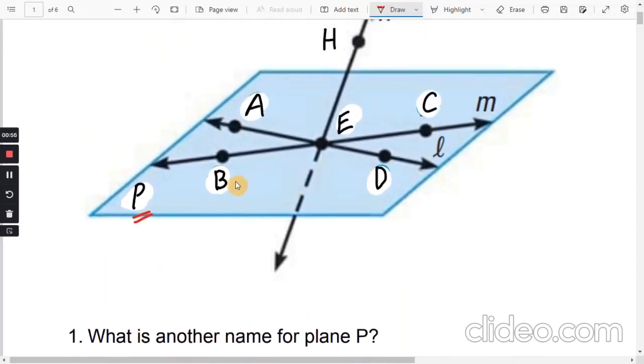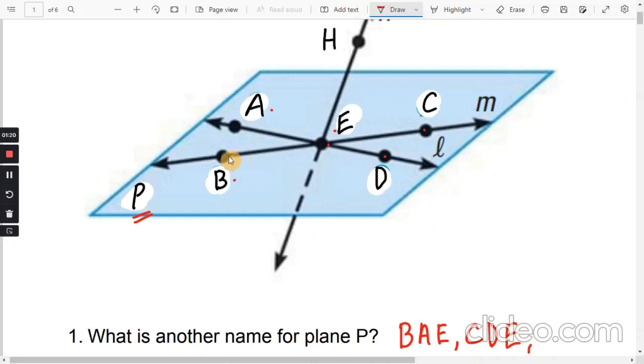So some examples, we can say B, A, E. All right, we can say C, D, E. So basically any 3 points that are on this blue plane but not on the same line.